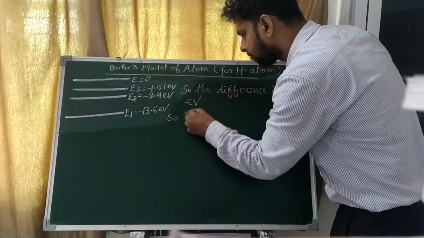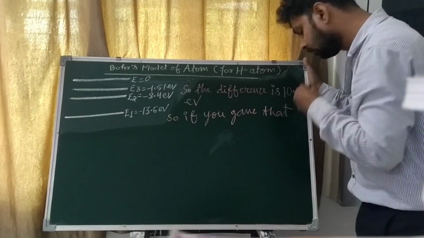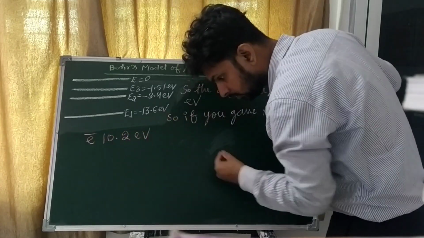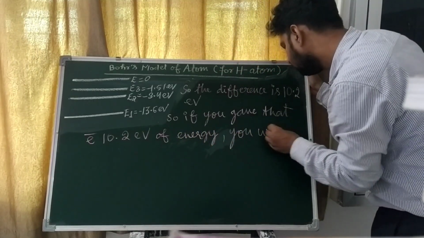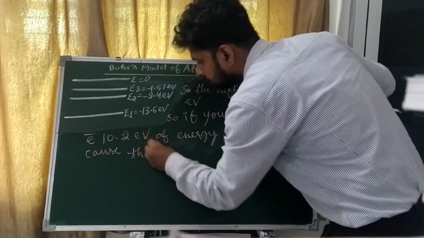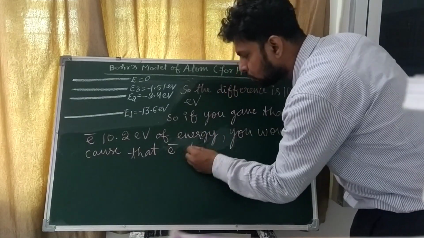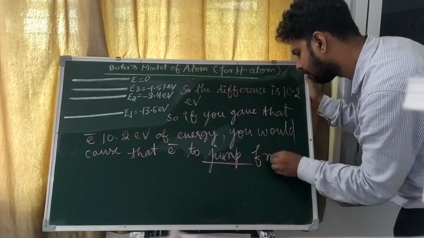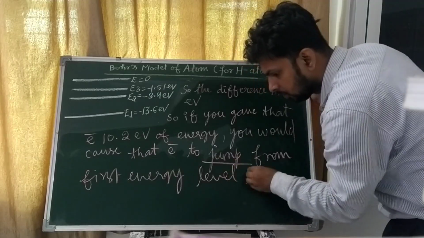So if you gave that electron 10.2 electron volt of energy, you would cause that electron to jump from first energy level to the second energy level.